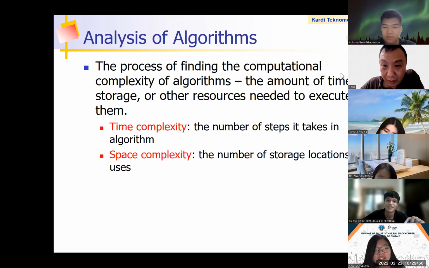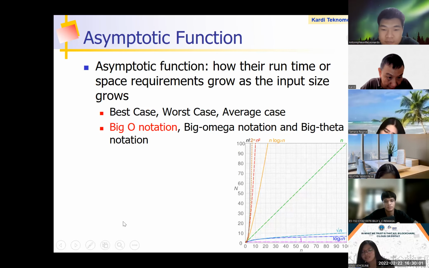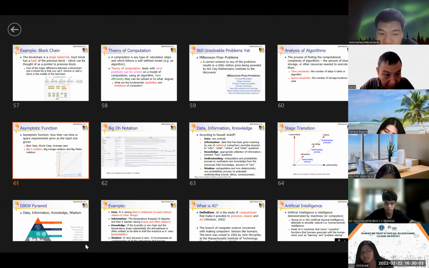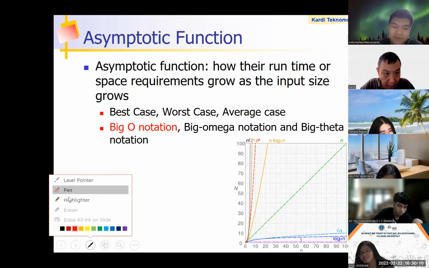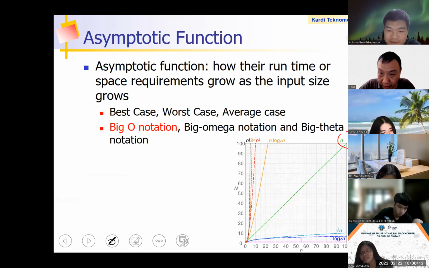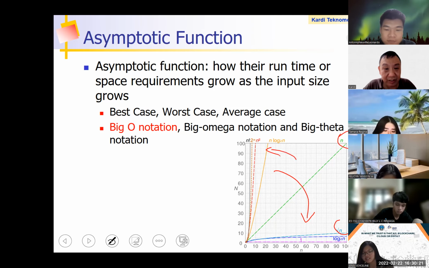This is O(n), the green one. The square root of n is here. So remember, going down here is the best. Going to the left is the worst. This is best.